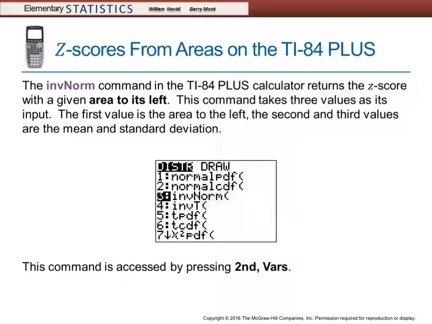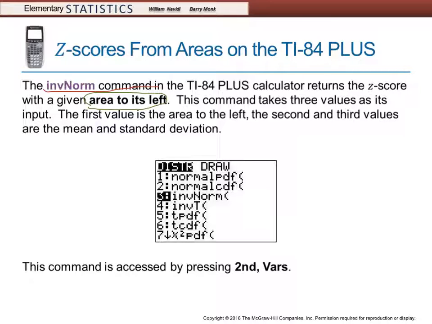The invNorm command in the TI-83 and 84 calculator returns the z-score value with a given area to its left. Notice it is to the left, and that's very important. This command takes three values as its input. The first value is the area to the left. The second and third values are the mean and standard deviation.